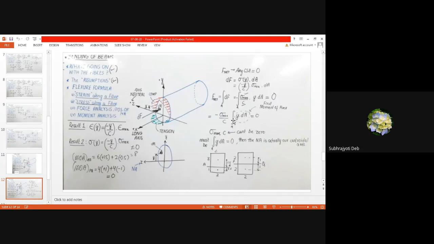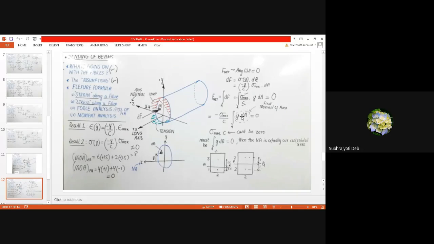So what we have got is integration of y dA. Now this is very interesting. This y dA is also known as the first moment of area. If you look carefully, y into dA means area into depth.